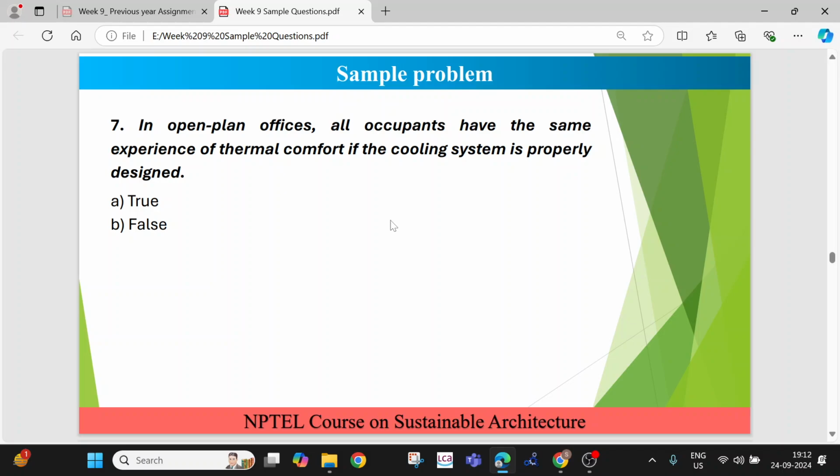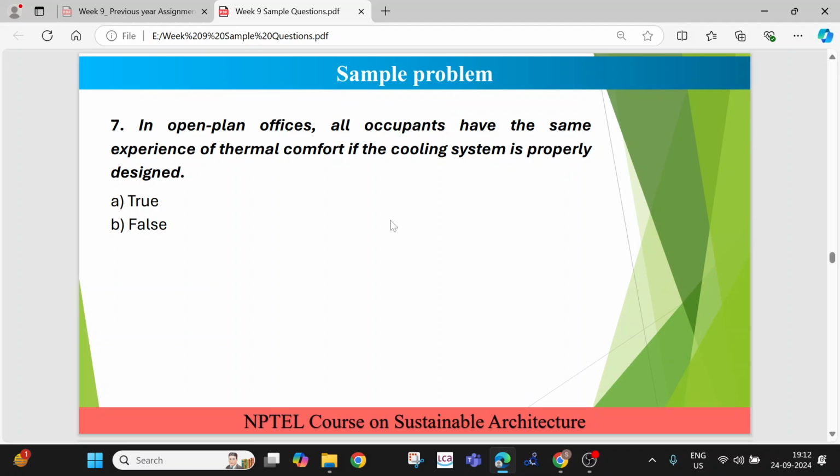Different occupants will have different ranges of comfort temperature, humidity, and comfort levels. So if you are maintaining the same level of cooling, it is not likely that all the occupants will face the same thermal comfort.